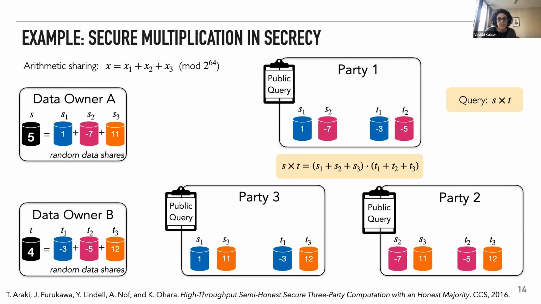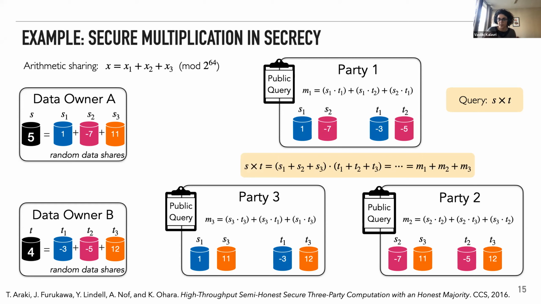The way it works is that, again, starting from 2 random shares, we have to compute this formula shown in the slide. If we expand it, we end up with 3 parts, 3 expressions that each party can compute locally on its random shares.